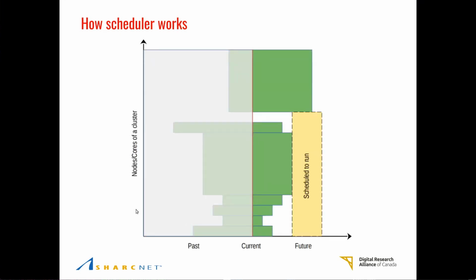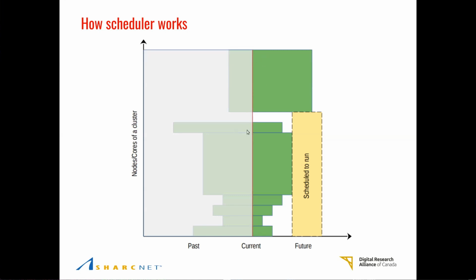Now, just a high-level view of how a scheduler works. Suppose you are observing the system at the current time. The horizontal line is the time axis, and the vertical line is the number of cores of a cluster.